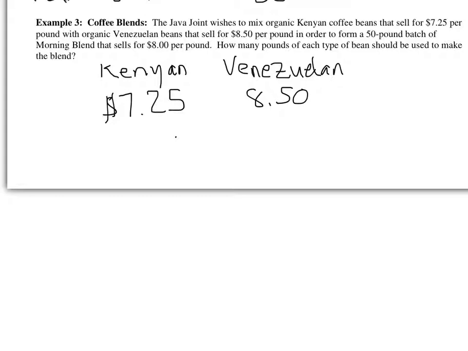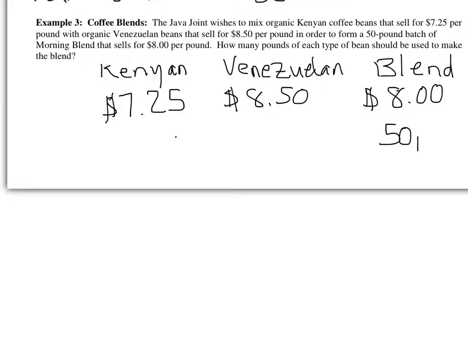We want to make 50 pounds, a 50-pound batch of morning blend. So we want to make that blend. And we've got costs, $7.25, $8.50, so we're going to put $8 here. So everything on this row is all about dollars. How many pounds do we want? We want a 50-pound batch, so 50 pounds of the blend.